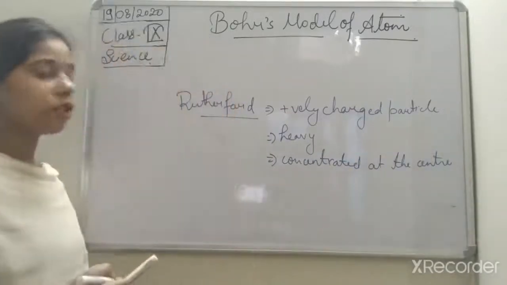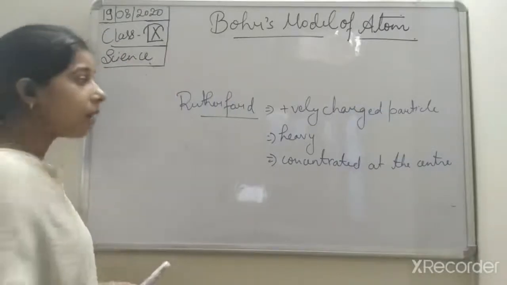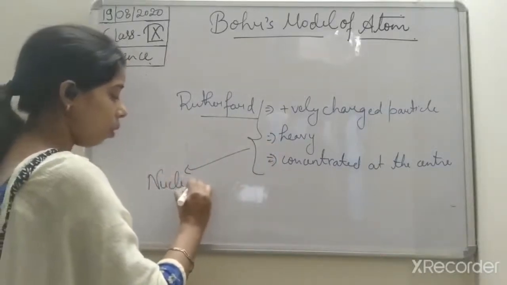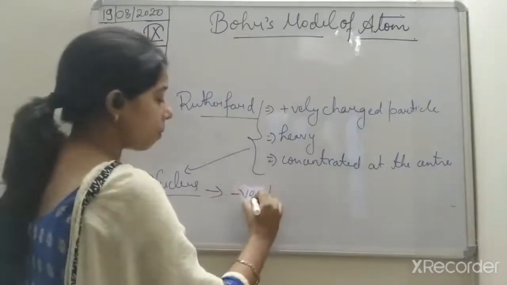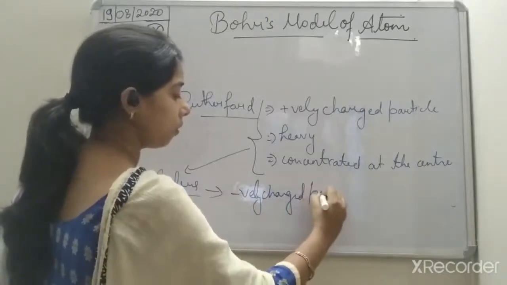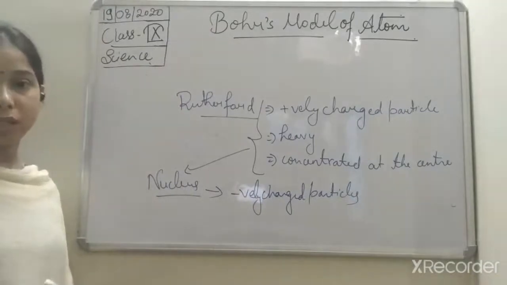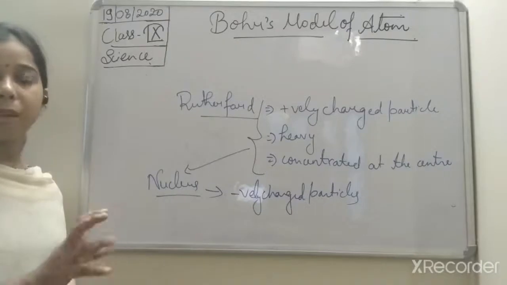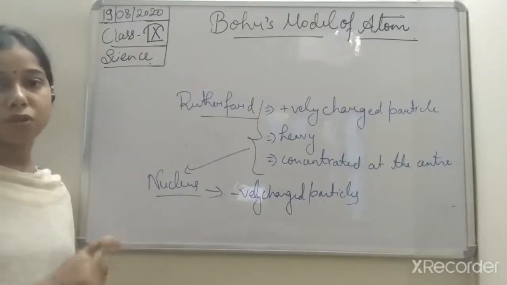A positively charged particle, heavy and concentrated at the center, is known as the nucleus. Around this nucleus are negatively charged particles, which used to revolve around it.